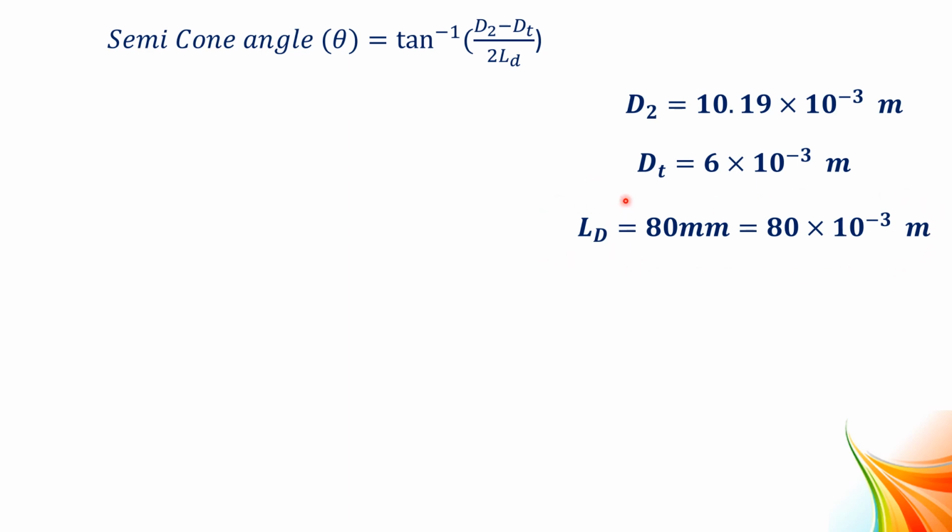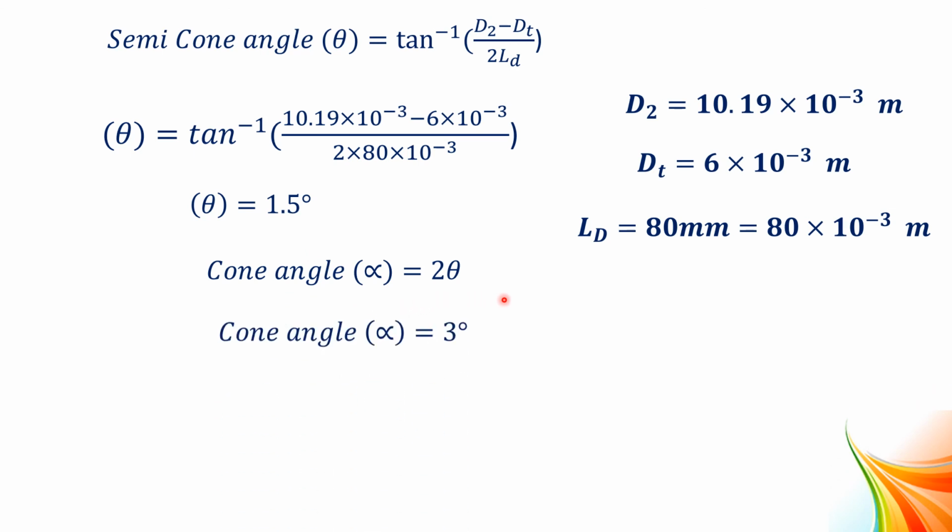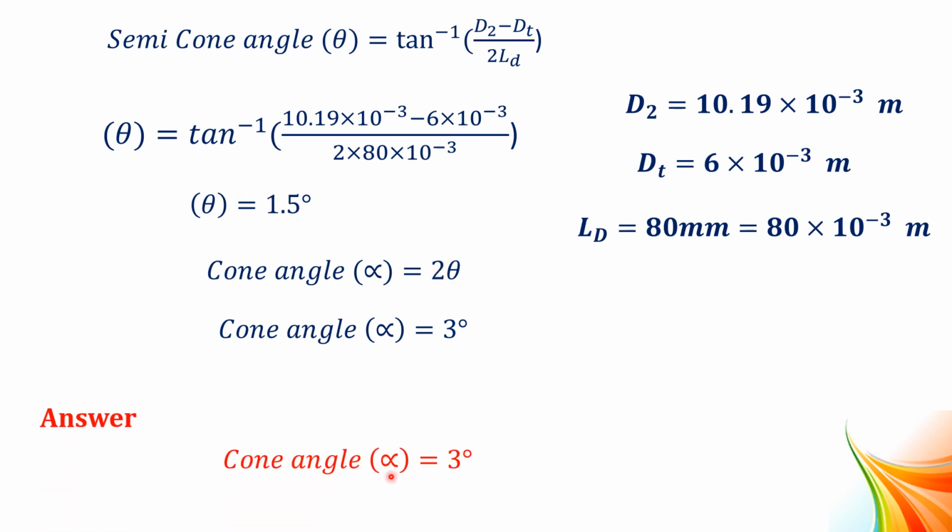Now substituting these three values in the semicone angle equation, we get theta equal to 1.5 degree. Now we have to find out the cone angle alpha. Cone angle alpha equal to 2 theta. Substitute the value of theta in the cone angle equation. So we get cone angle alpha equal to 3 degrees.